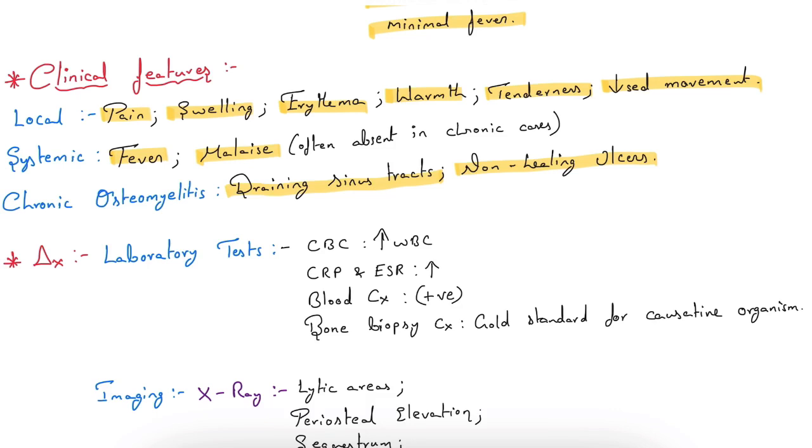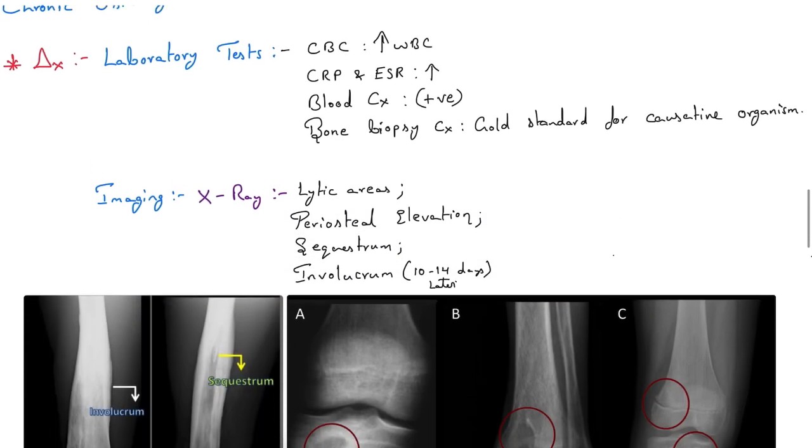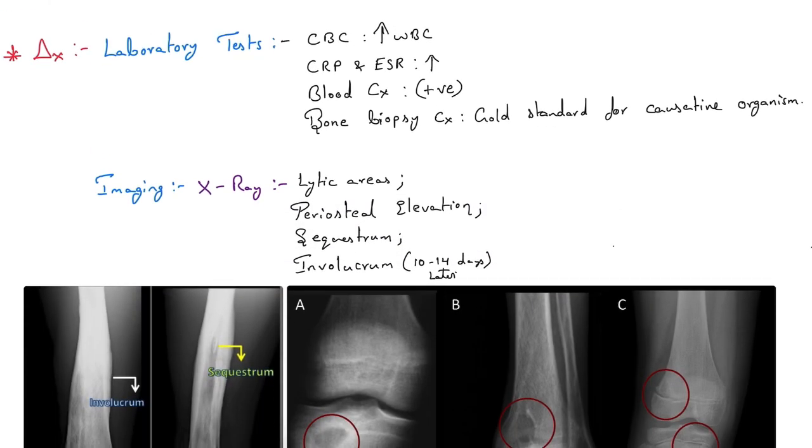Now, how can we diagnose osteomyelitis? First of all we can do laboratory tests like CBC, where we check for increased white blood cells like leukocytes. Next we can check C-reactive protein and erythrocyte sedimentation rate; the ESR is more useful for monitoring inflammation and infection.